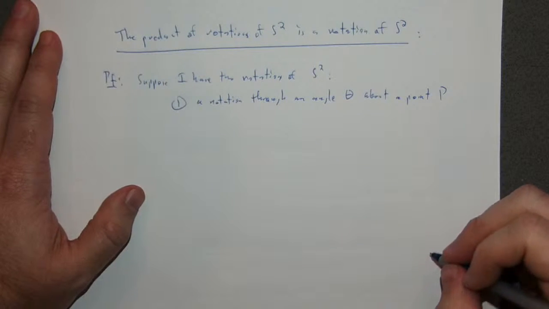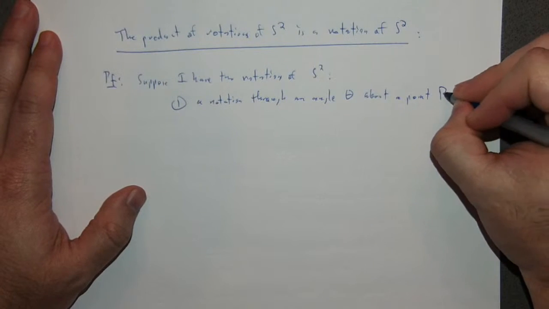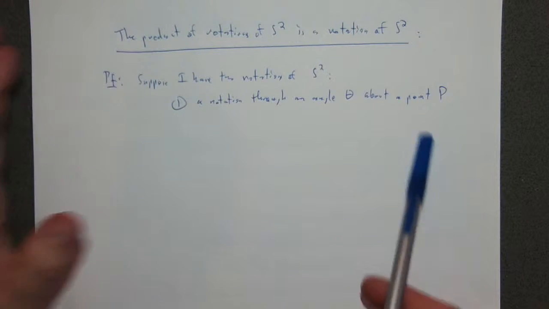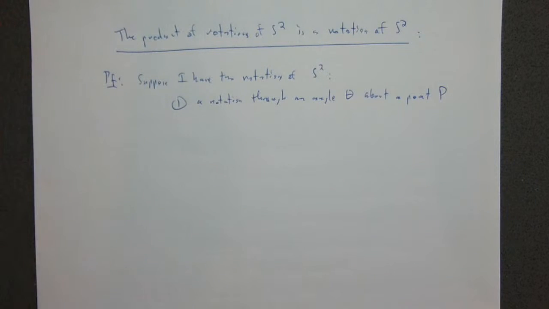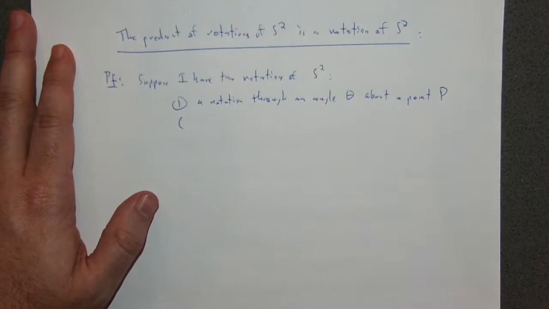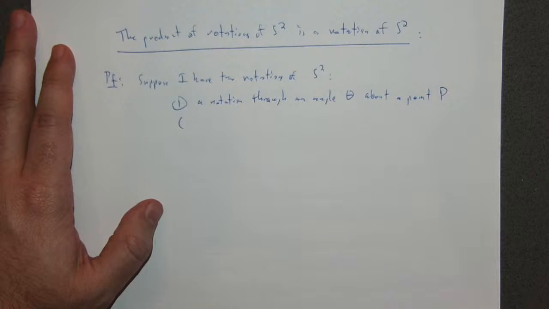But what do we mean when we say a rotation through an angle theta about a point? I mentioned this last time, but I'll remind you what it means to rotate some angle amount about a point on the sphere.